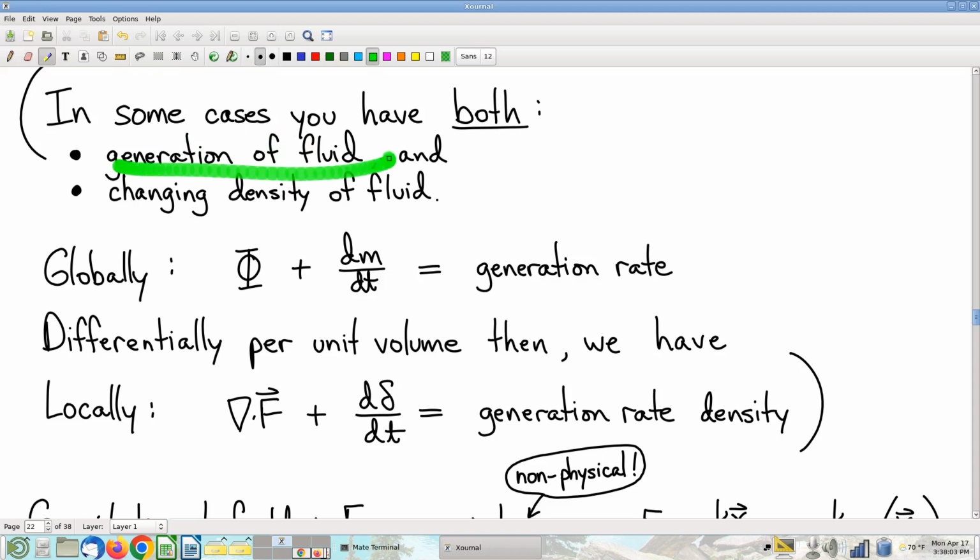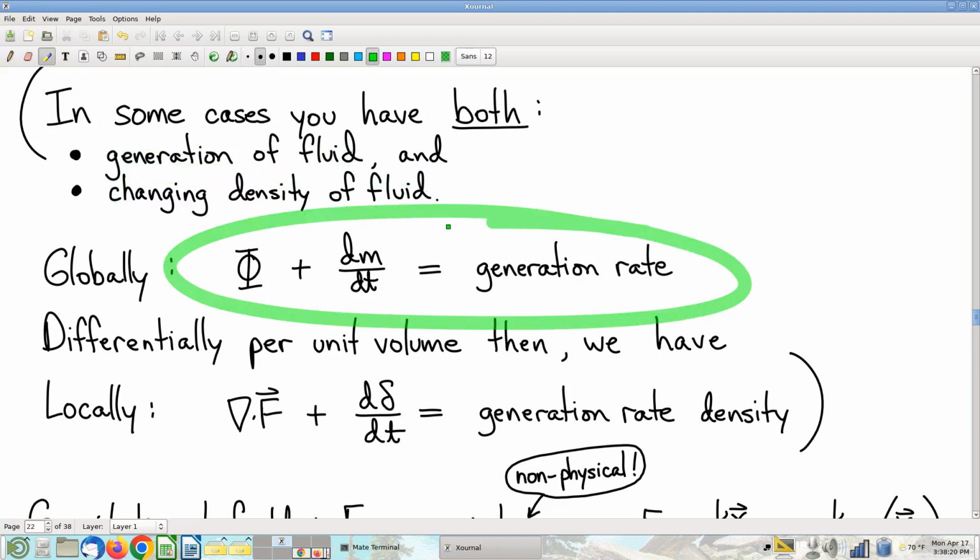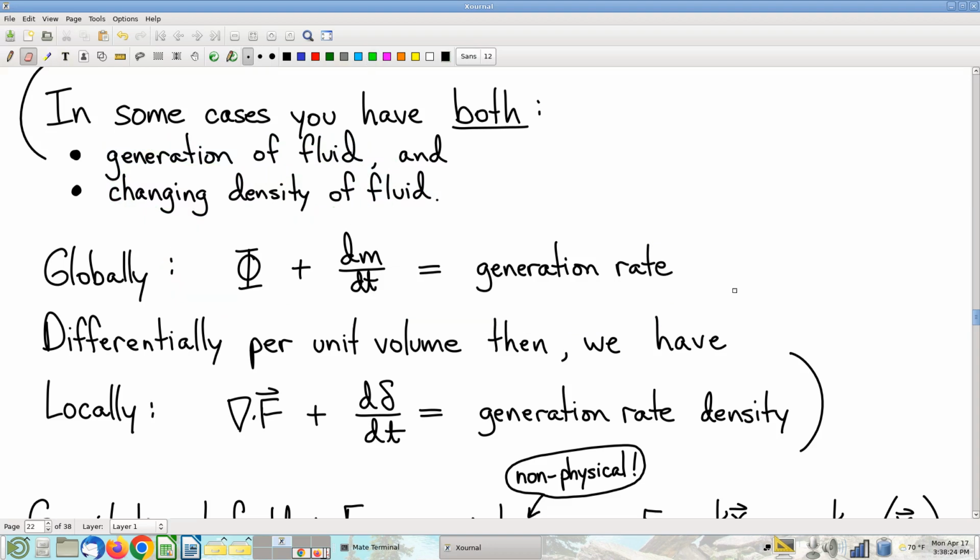You might have a fluid that is being generated, like the photons example, but also where the density of the fluid might also be allowed to change for whatever reason, depending on the nature of your fluid. And in that case, this is what I argue is going to be the starter, first equation to write down. And I argue it as follows.